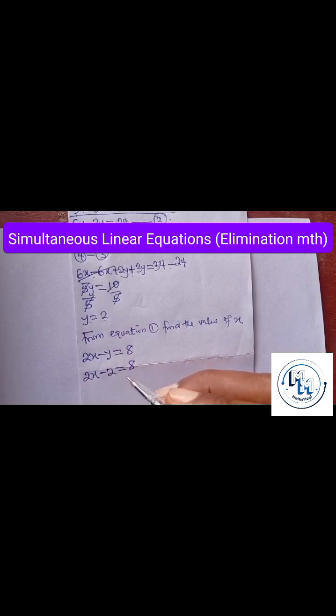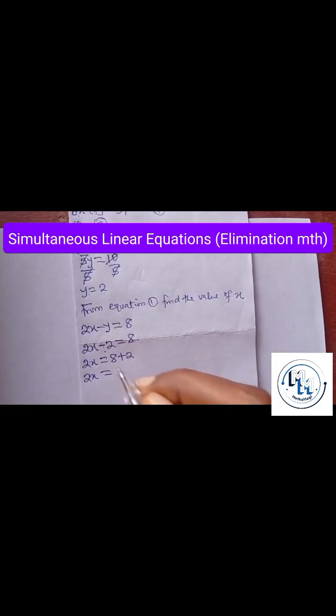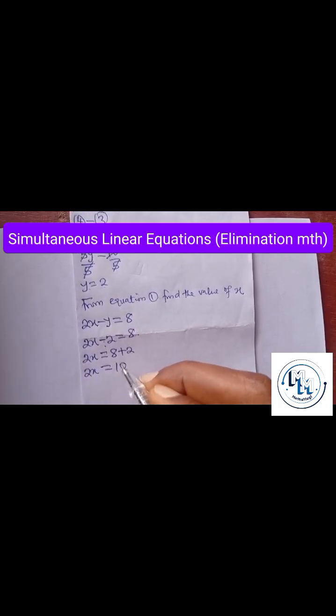At this point, let's collect like terms. The constant goes to meet its fellow constant. I'm going to have 2x equal to 8, then 2 comes here and becomes plus 2. Then I have 2x is equal to 8 plus 2, which is 10.